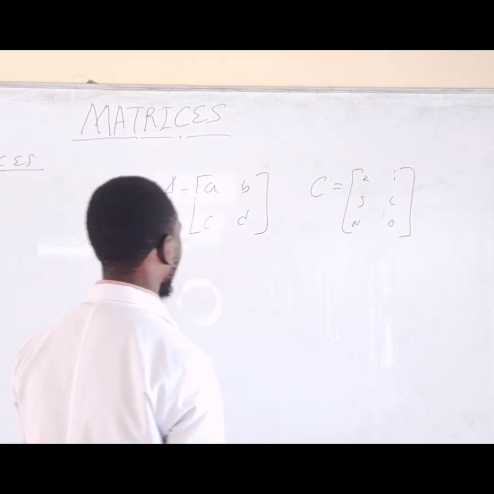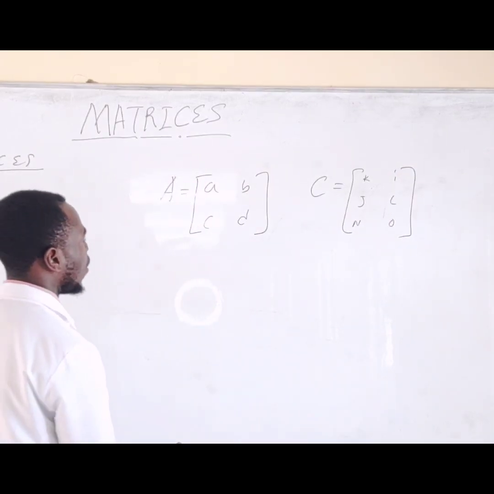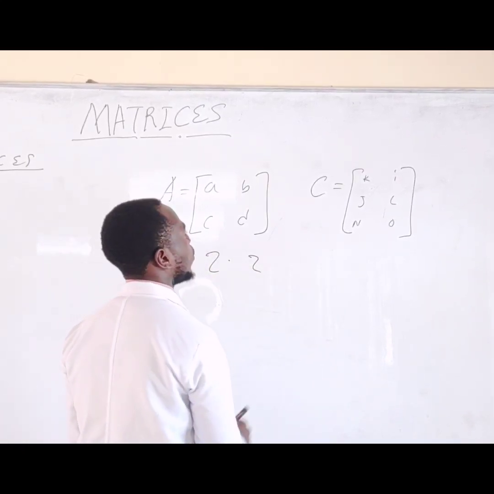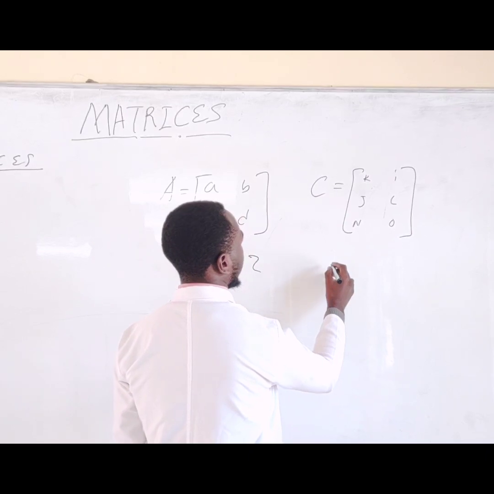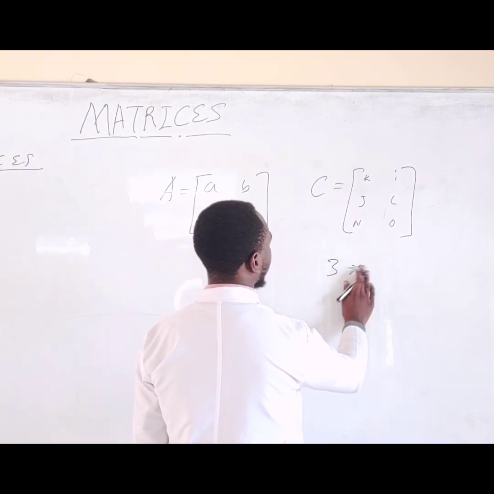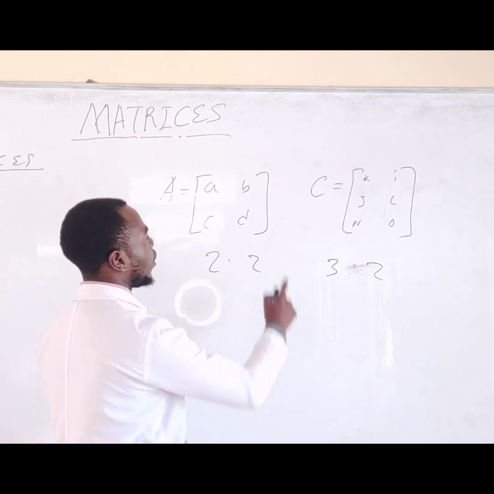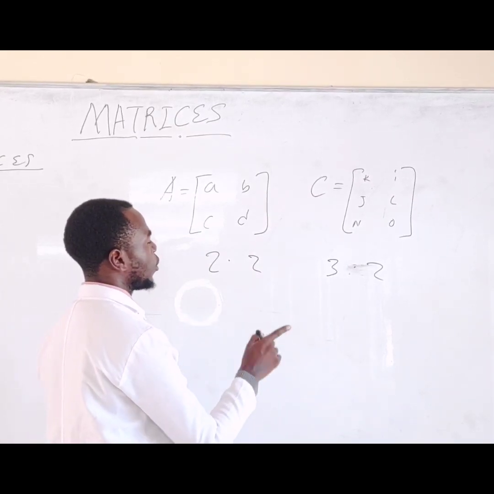What is the order of matrix A? The order of matrix A is 2 by 2, and the order of matrix C is 3 by 2.